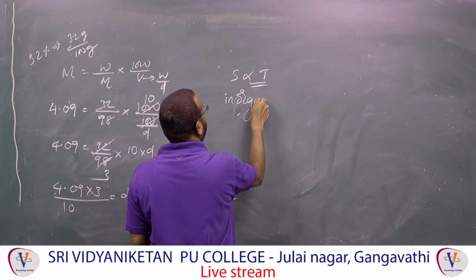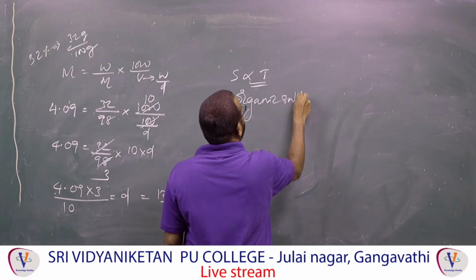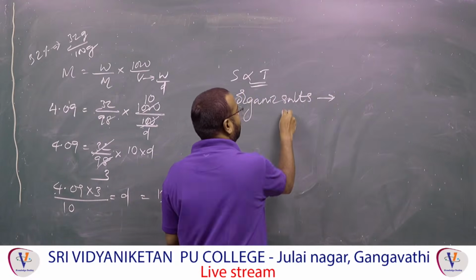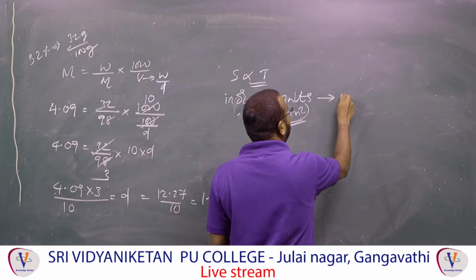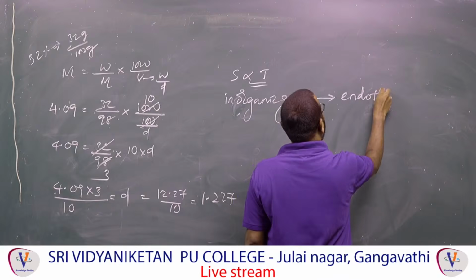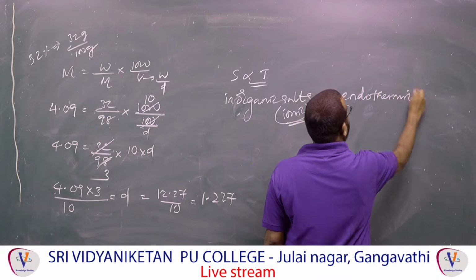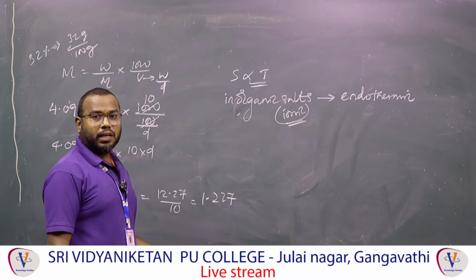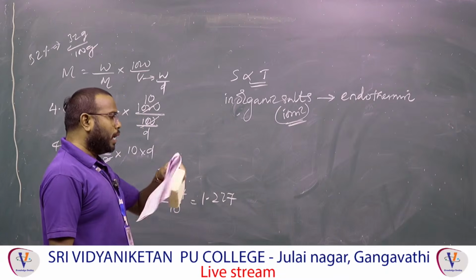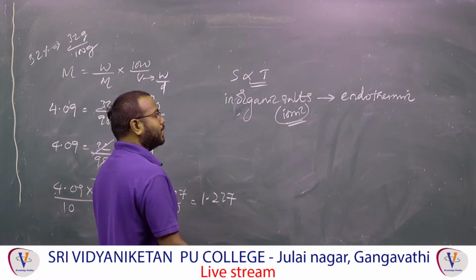Considering inorganic salts, most of the inorganic salts are ionic compounds, so their dissolution is always endothermic. Most of them are endothermic. This is the statement we were given in solubility enthalpy in thermodynamics.